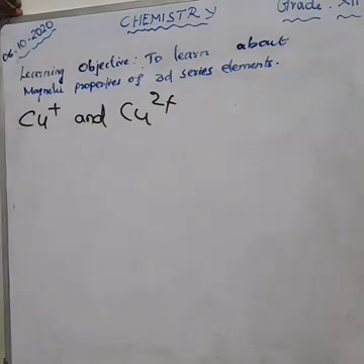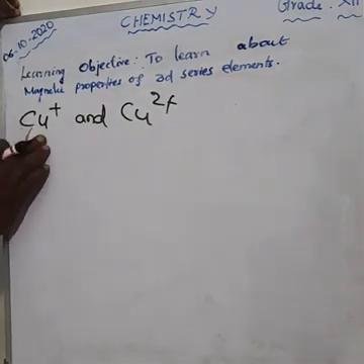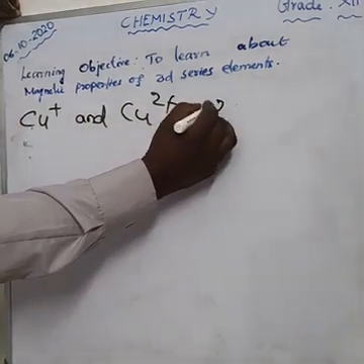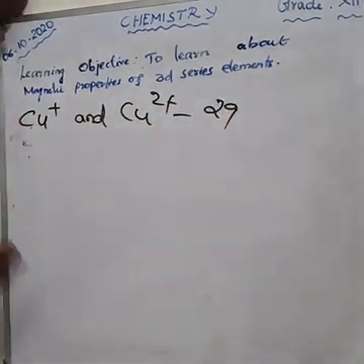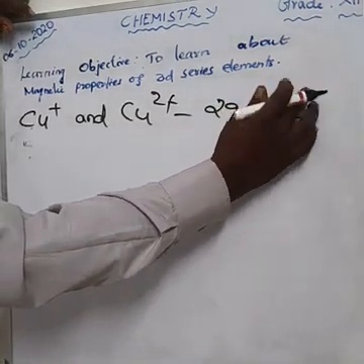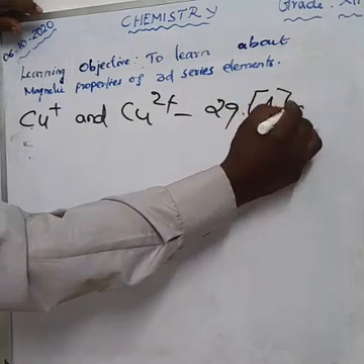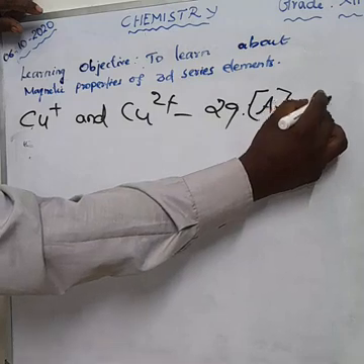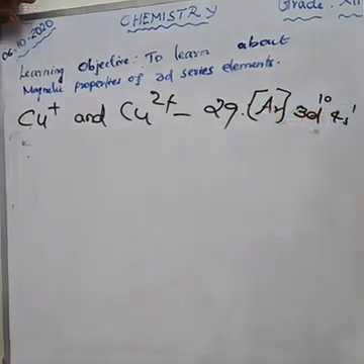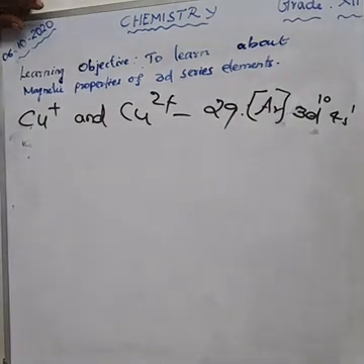How will you write the configuration of Cu2+? First of all, write the electronic configuration of copper. The atomic number is 29. What is the electronic configuration? Ar 3d10 4s1. Here in copper the d subshell is completely filled and the s subshell is half filled.